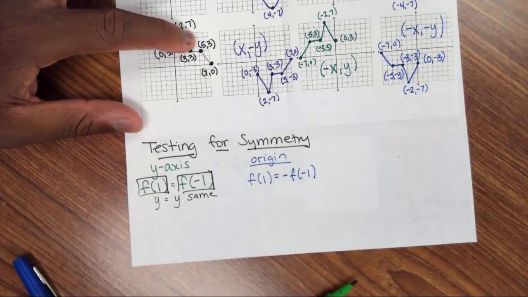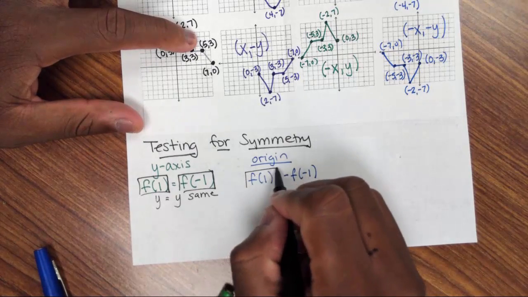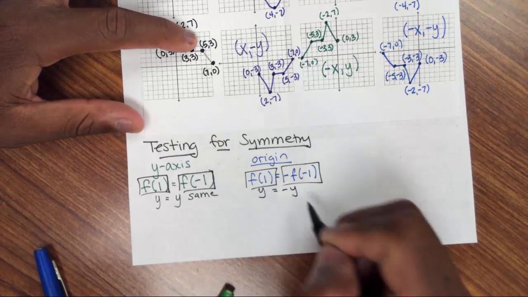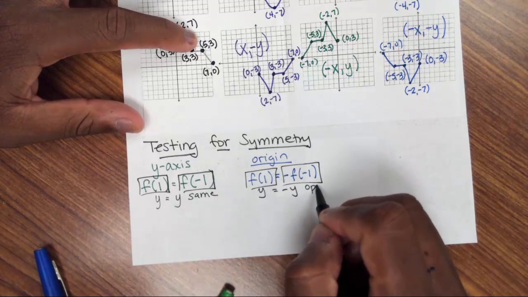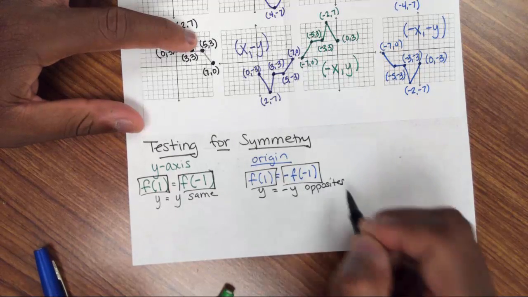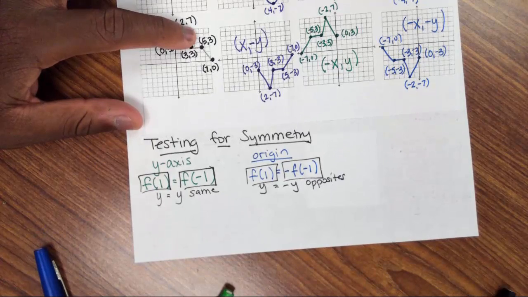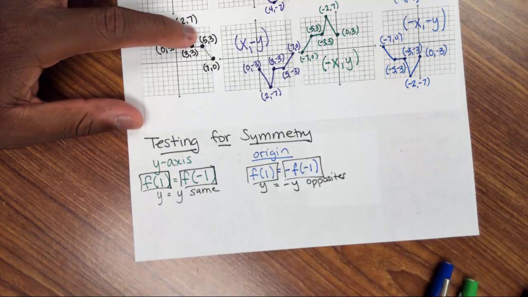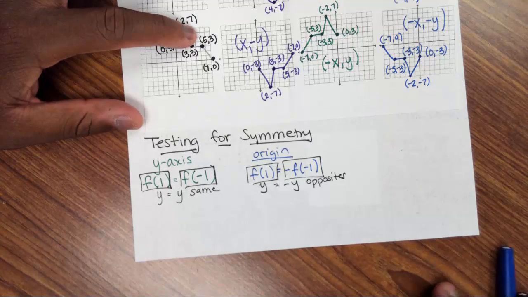Good. If y is equal to negative y, or if they're opposites, I have what is known as origin symmetry. So it's a very simple test, because all you have to do is evaluate and look at the numbers.